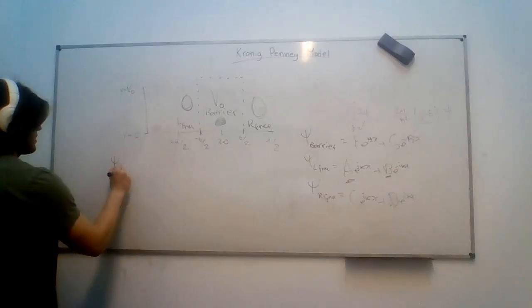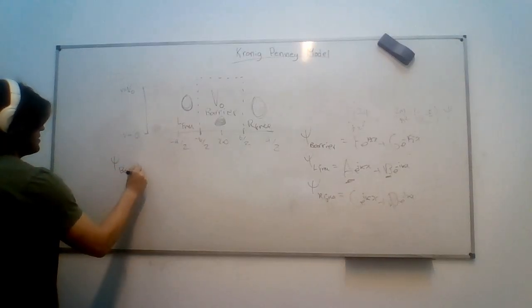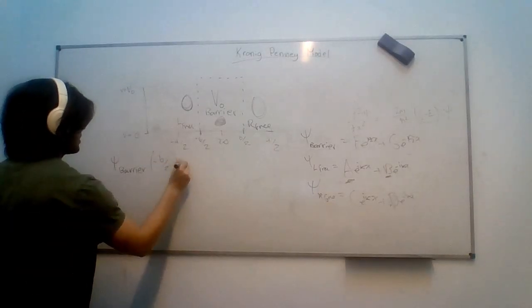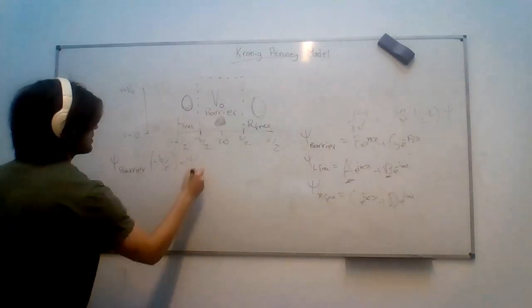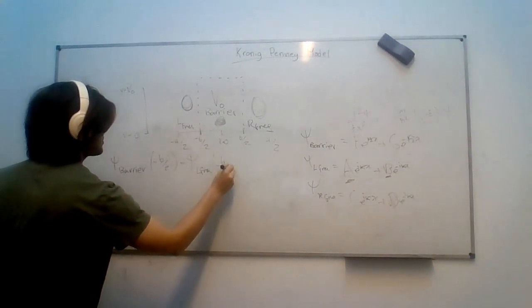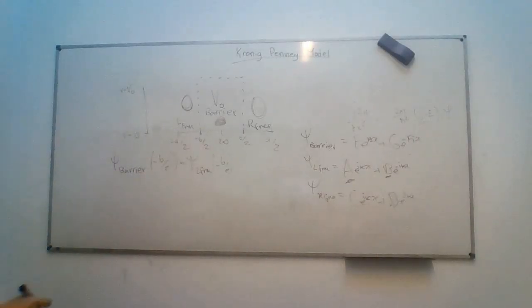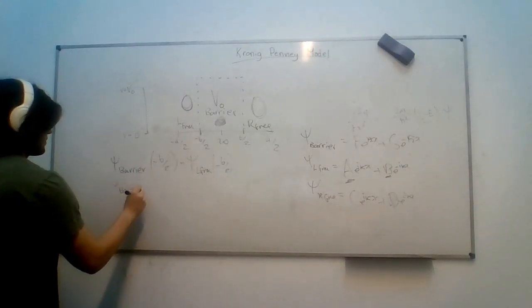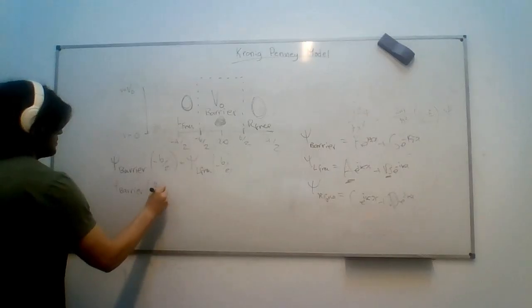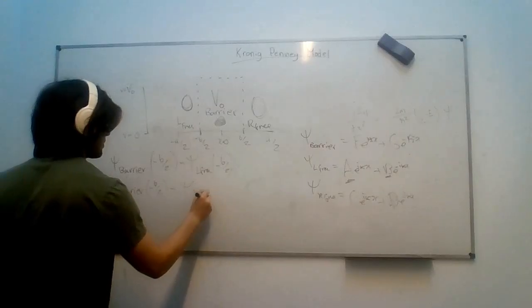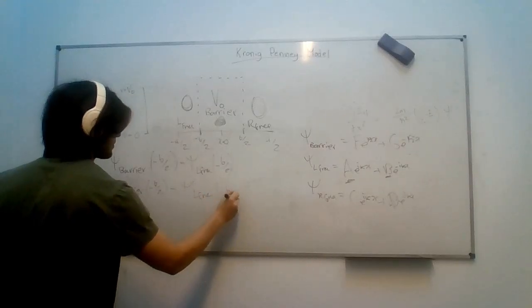We write that psi barrier at minus b over 2 is equal to psi L free at minus b over 2, and psi barrier prime, its derivative at minus b over 2, is equal to here.